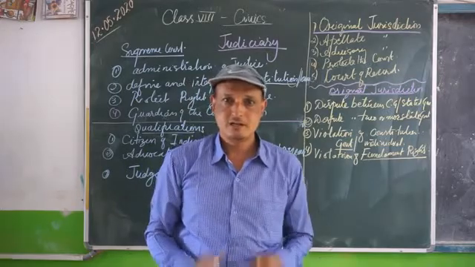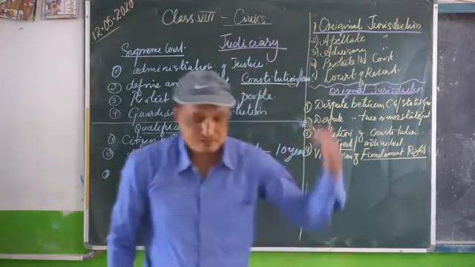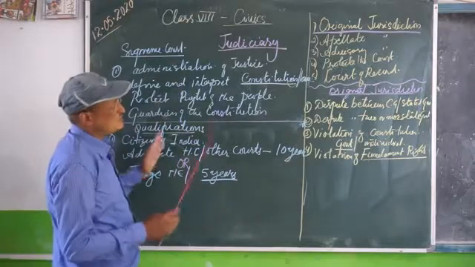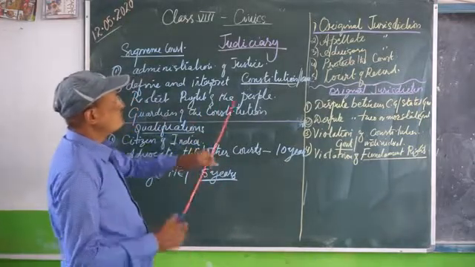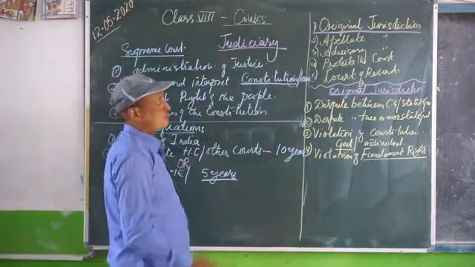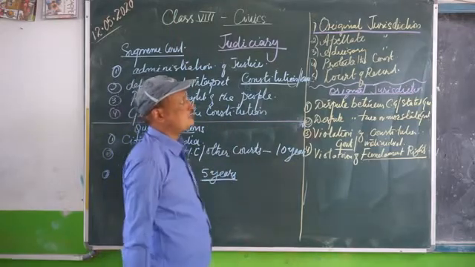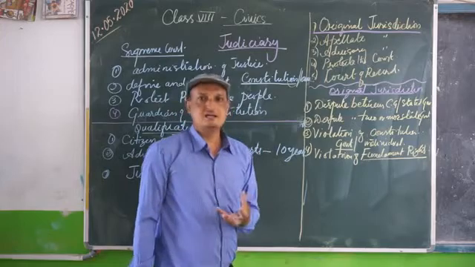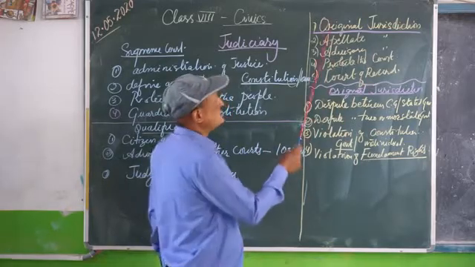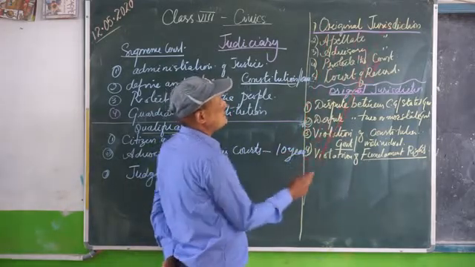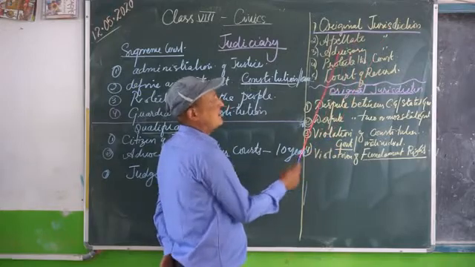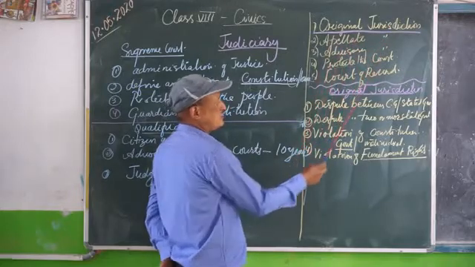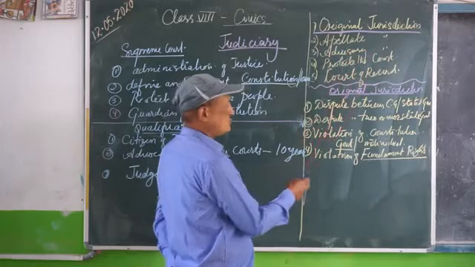Do you get it? What I am trying to explain is the powers or functions of the Supreme Court. The Supreme Court of India has various powers and functions, which are seen under jurisdiction. That is, we have original jurisdiction, appellate jurisdiction, advisory jurisdiction, protect the Constitution, and act as a court of record.